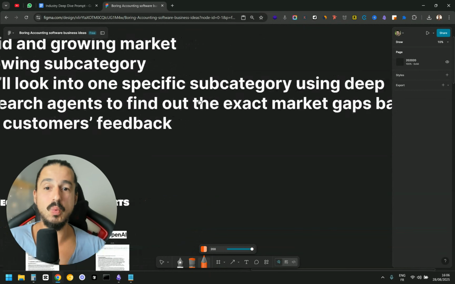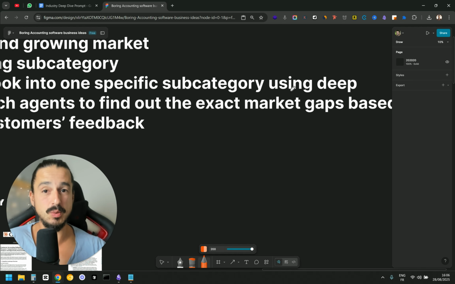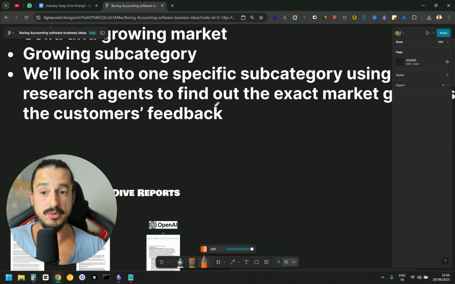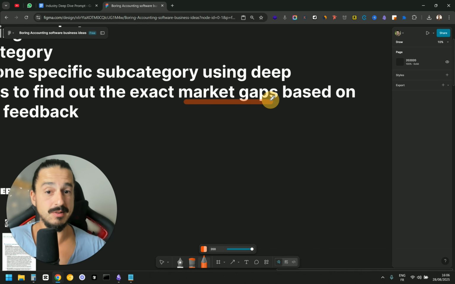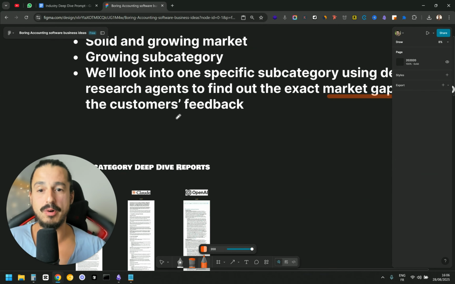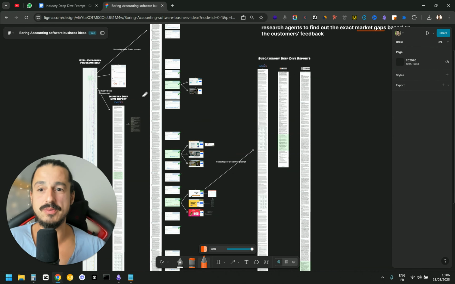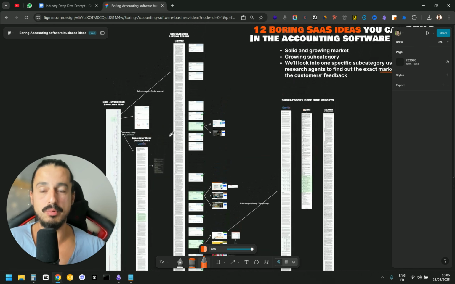And we will look into one specific subcategory that we found using the deep research agents to find out the exact market gaps, AKA business ideas, based on the customer feedback. We will mostly use AI to do the whole process.